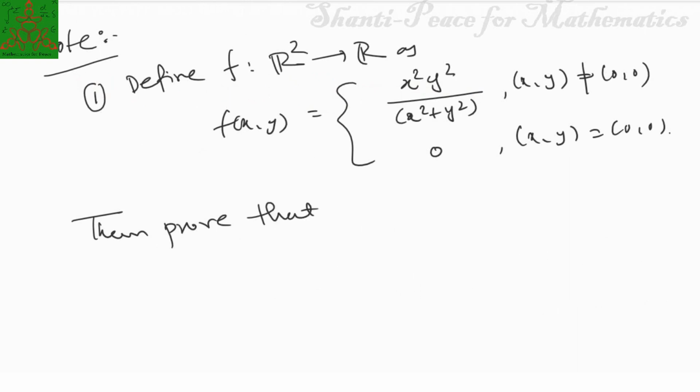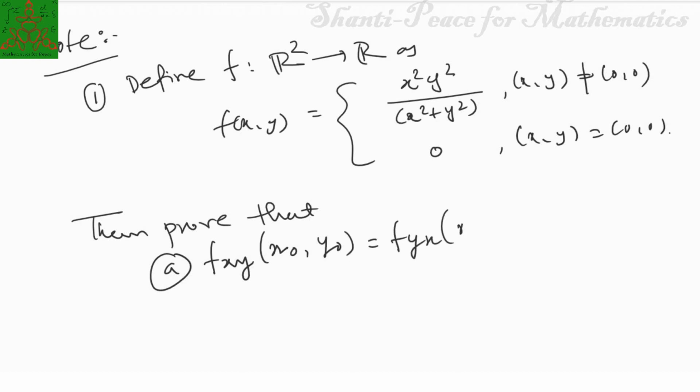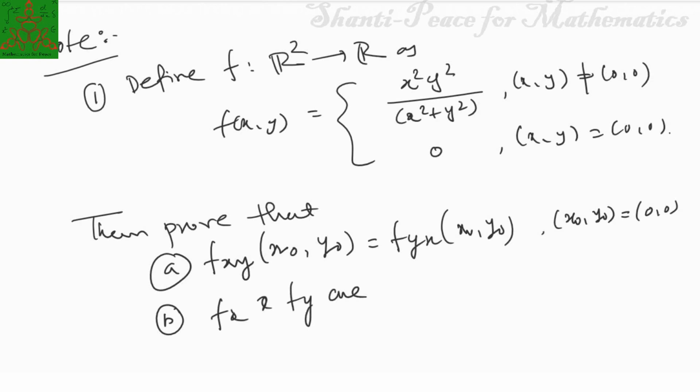Then prove first that fxy at x0 y0 is the same as fyx at x0 y0, where x0 y0 is nothing but the 0 point, and second that fx and fy are not differentiable at 0 0. So this result tells you that if you drop the condition that fx and fy are differentiable, then it may happen that the mixed partials are still equal.